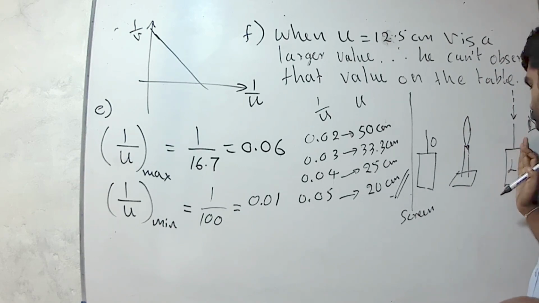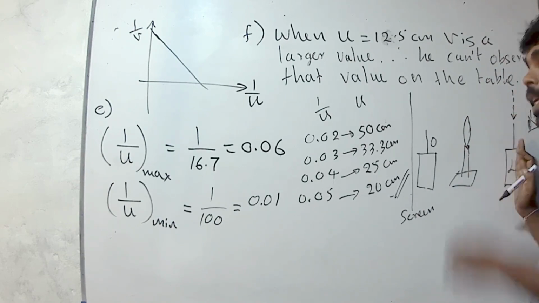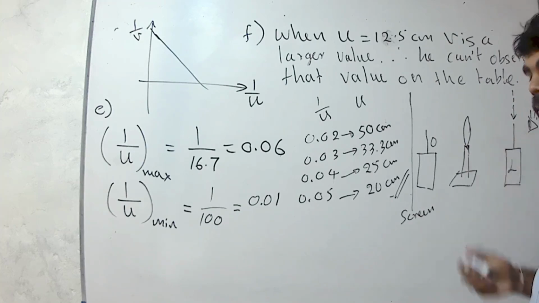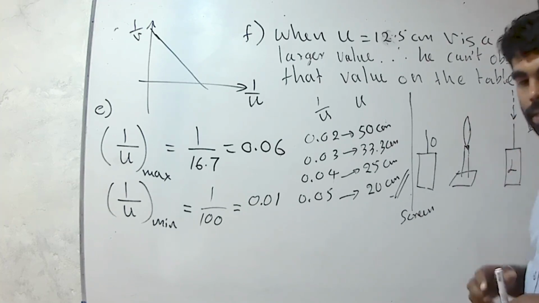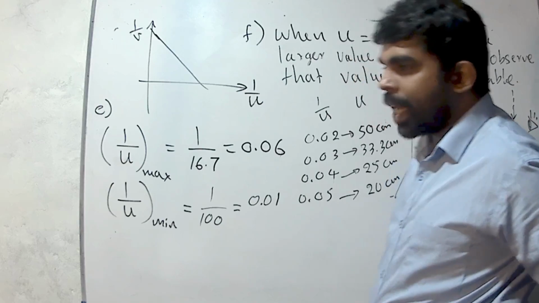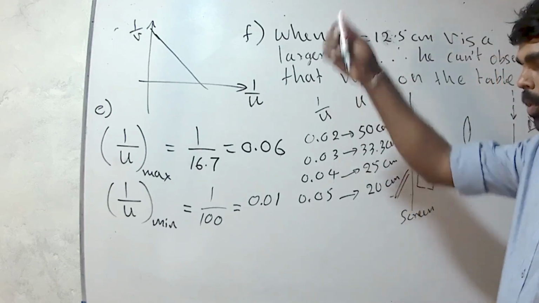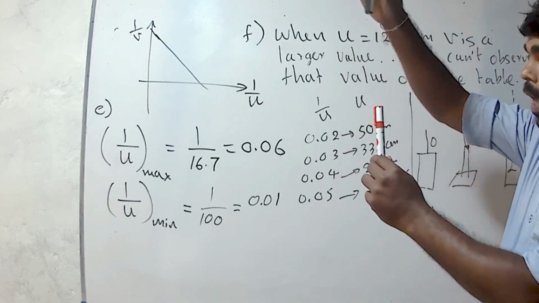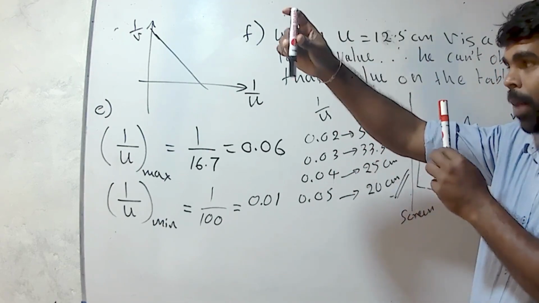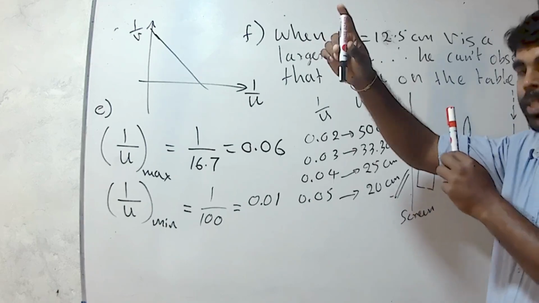And we can use the locator pin to find the correct distance, because this one is a real image we can see only through the lens. Then we can use the locate pin. This one is the locate pin and this one is the image. We have to find the correct position of the image.